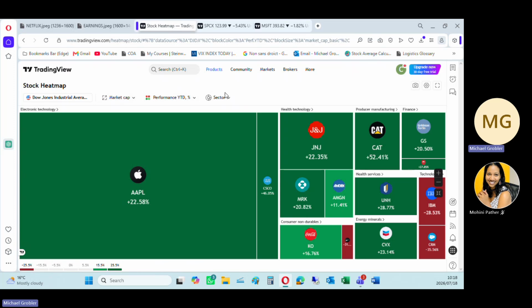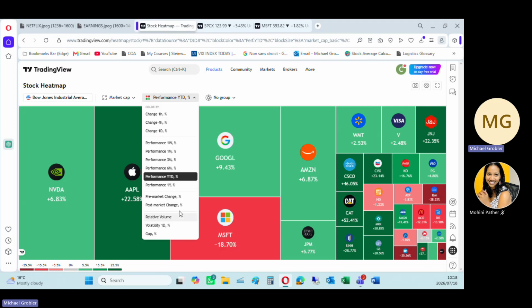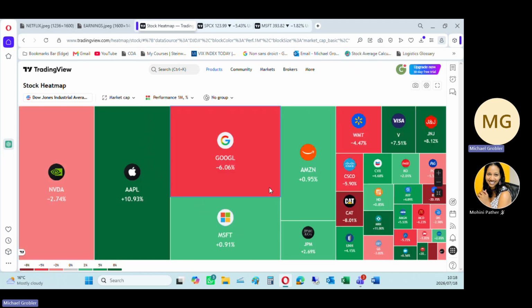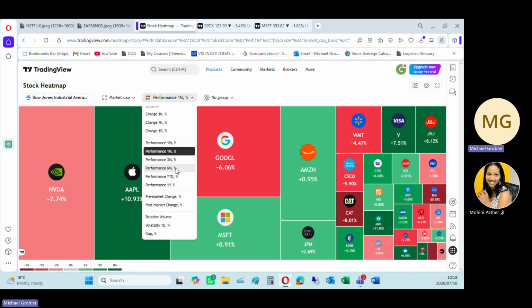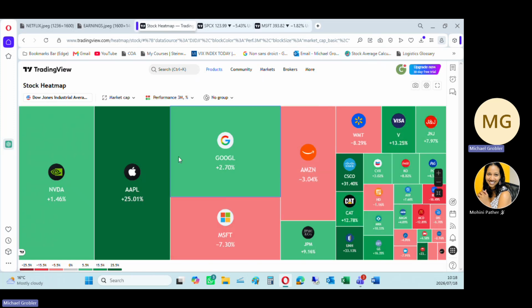You can change this around quite nicely. You can make no group, so it'll get rid of the sector section for you. You can look at the performance for 6 months. You can look at the performance for 1 month. Nvidia's had a fairly good 6 months, but over the 3-month period, it's done 1%.